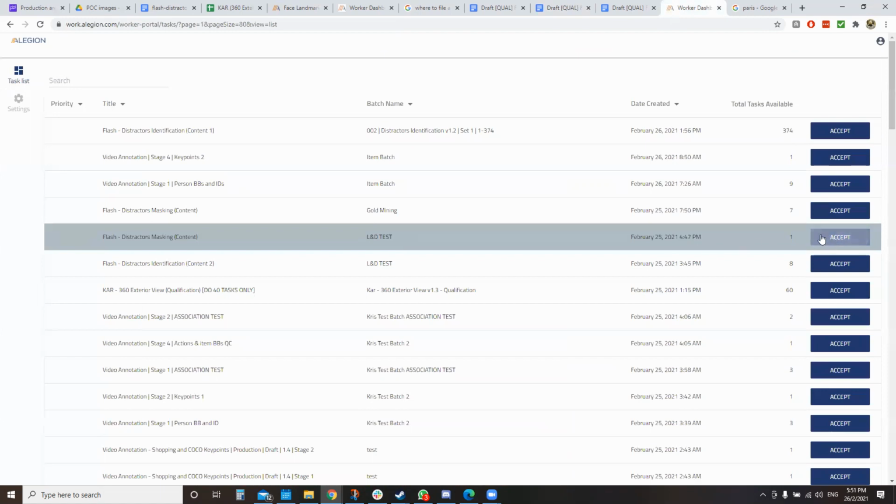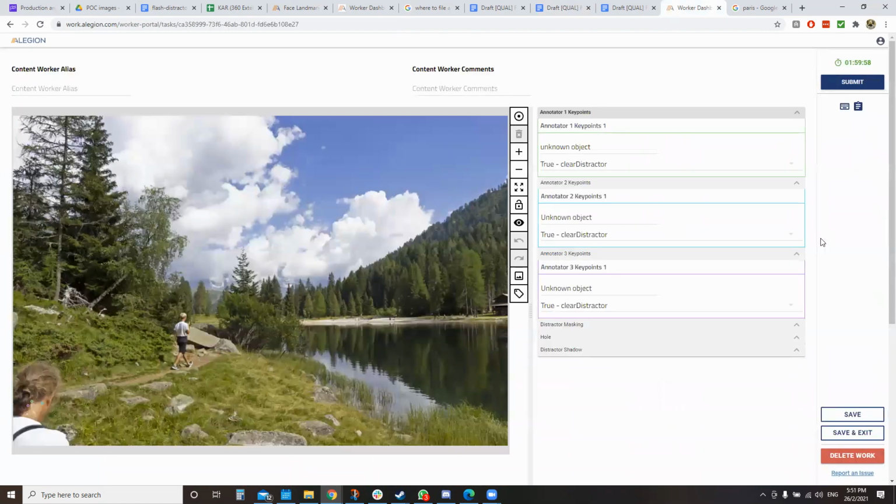I'm going to open a task here. Let's say this person is a distractor. He has one shadow here. Imagine, pretend. No, maybe it's a bad example because the person has no key point.